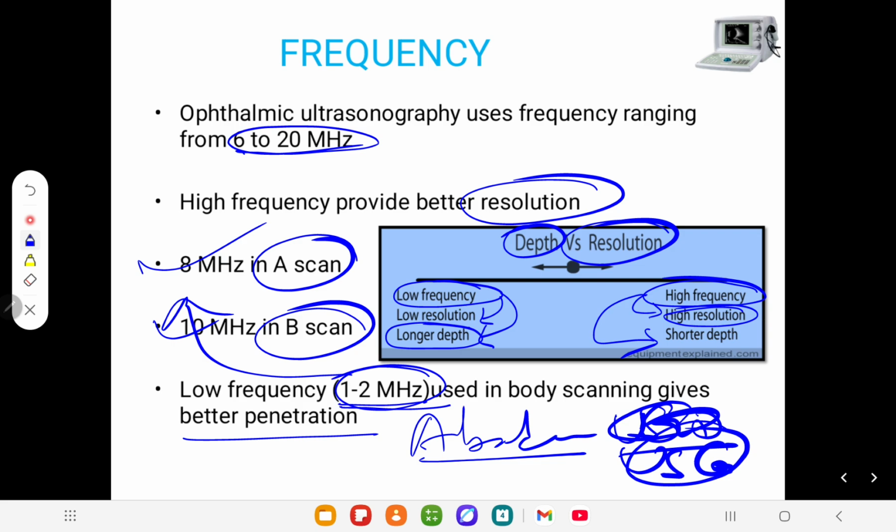Because the eye is like 24 mm, we don't need that depth in the eye, but we need very high resolution. Why? Because the retina is so tiny, so small a layer, isn't it? Choroid is so small a layer. Vitreous itself is 16 mm, but that 16 mm is very little compared to the abdomen. Can you imagine it? So that's a very important point.